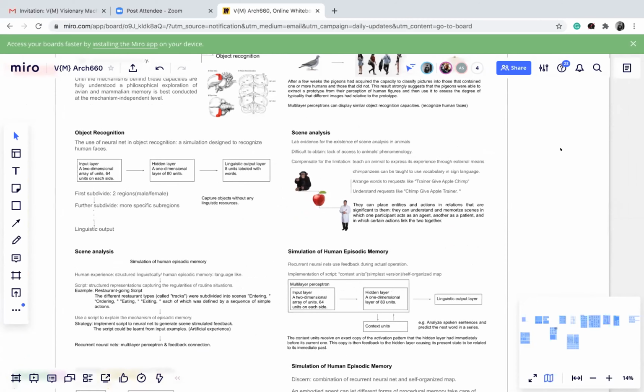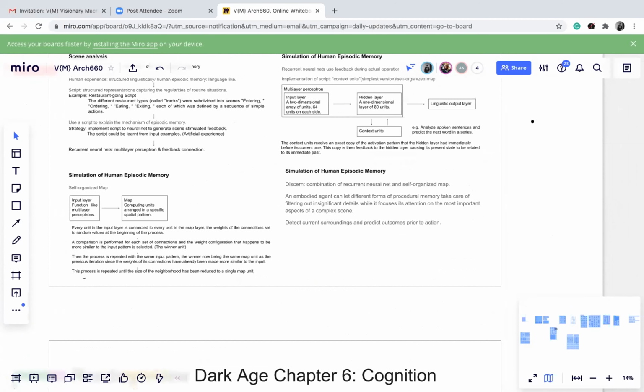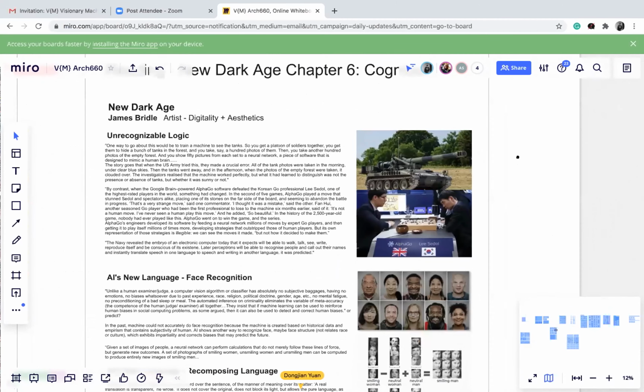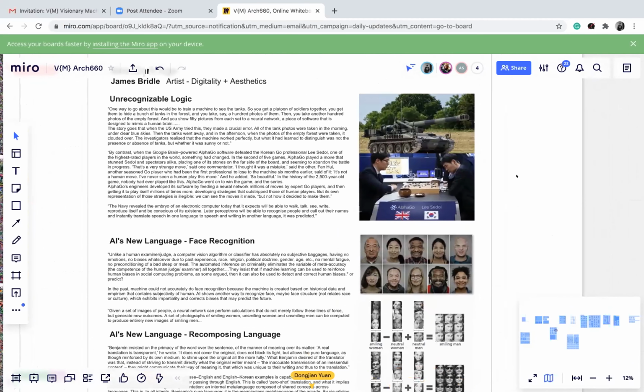Yeah, my reading is The New Dark Age. James Bridle is combining digital editing with aesthetics. The key point is that AI gets a kind of logic that humans cannot understand, and AI is also creating another language of its own.